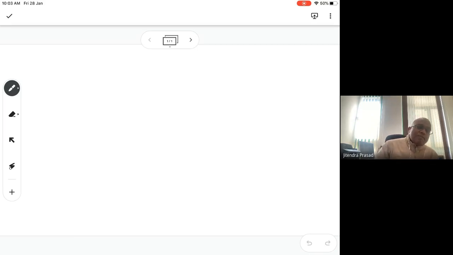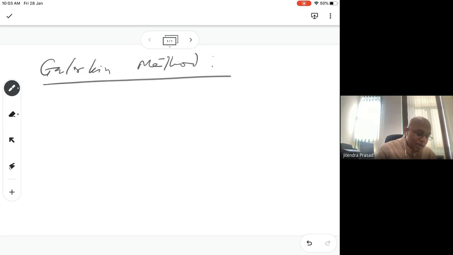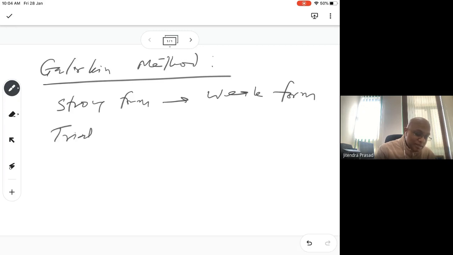Okay, guys. So the last class we looked at the Galerkin method. The highlight is that from the strong form, we convert it into a weak form, and then we assume some trial function u(x).